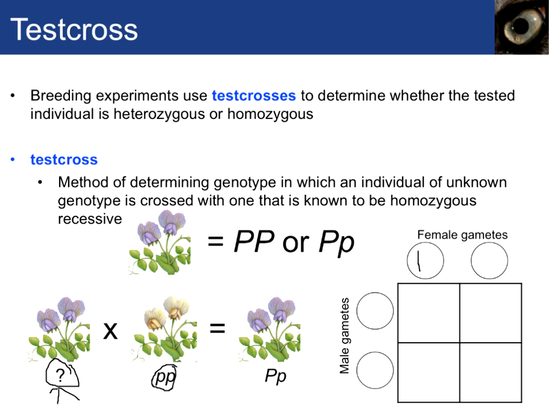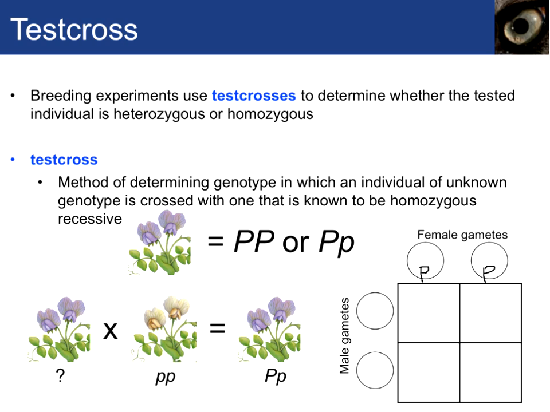Let's go ahead and put the test cross, the white ones, in here. So homozygous recessive up top. Let's just see what we have.